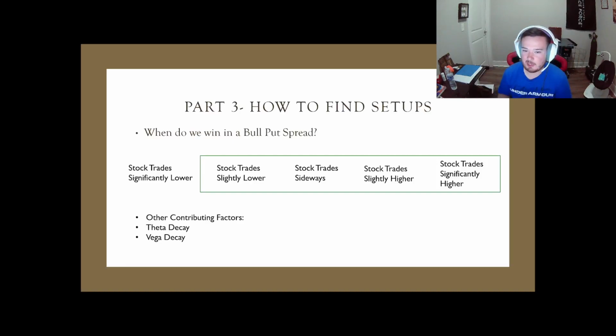If the stock trades sideways and the stock trades slightly lower, it may force us to hold this position closer till expiration, but we're still going to make money in the play. Again, contributing factors to a bull put spread, much like the bear call spread, are theta decay and vega decay.